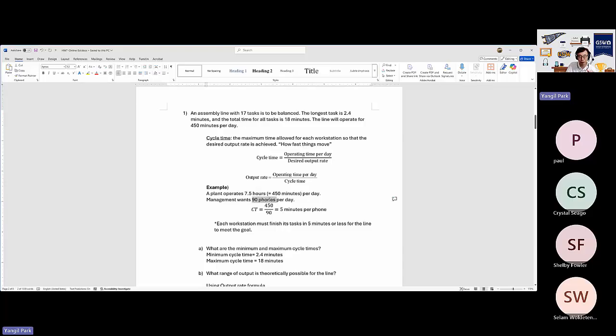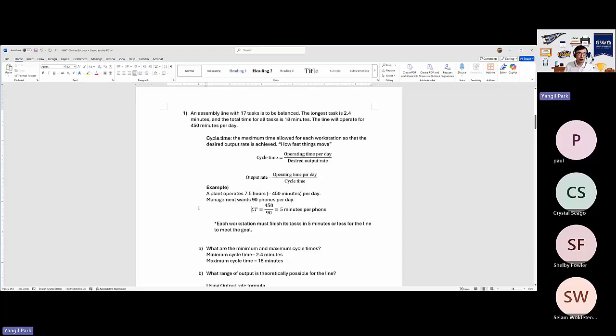That's the desired output. Our cycle time is the total time per day divided by the number of outputs. So 5 minutes, that's our cycle time per phone to be produced. We can spend only 5 minutes or less to meet this goal, which is 90 cellular phones per day.